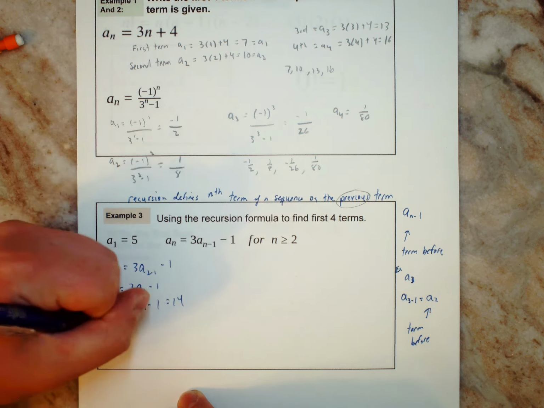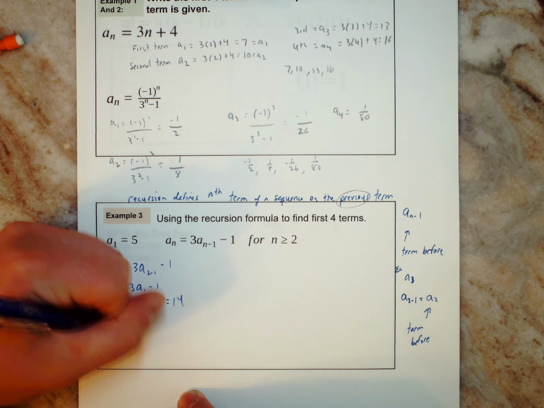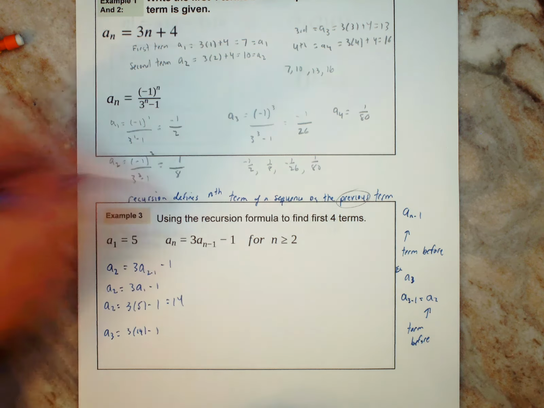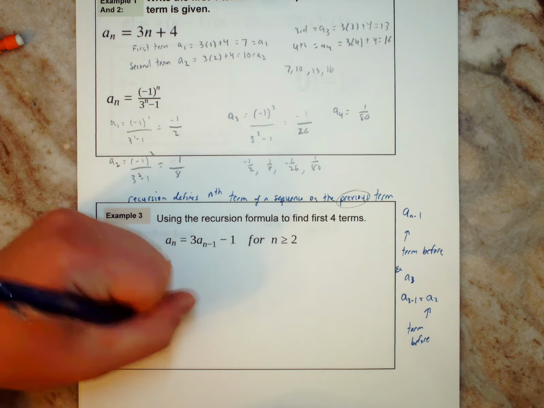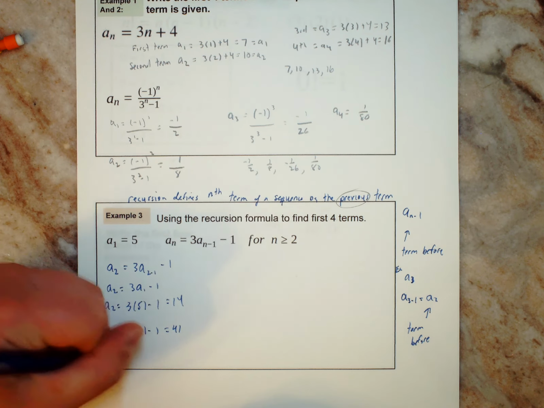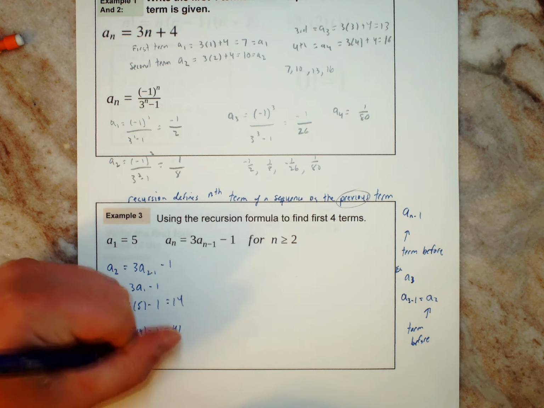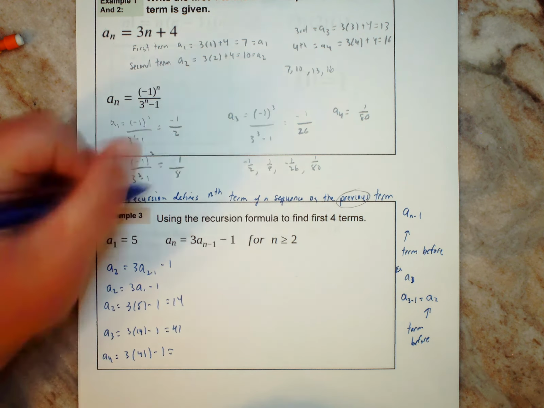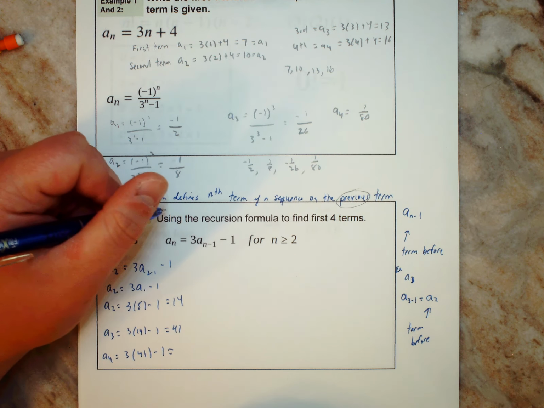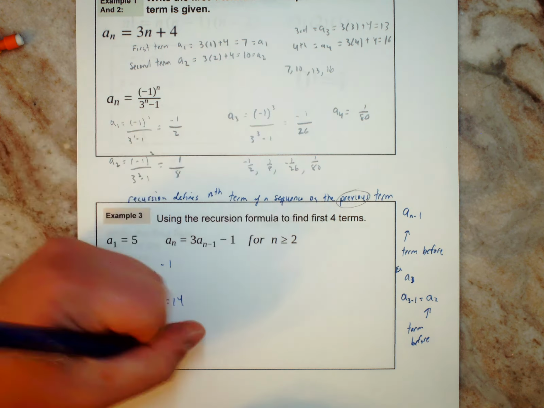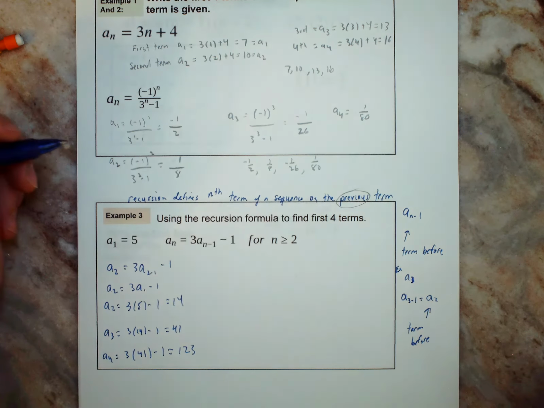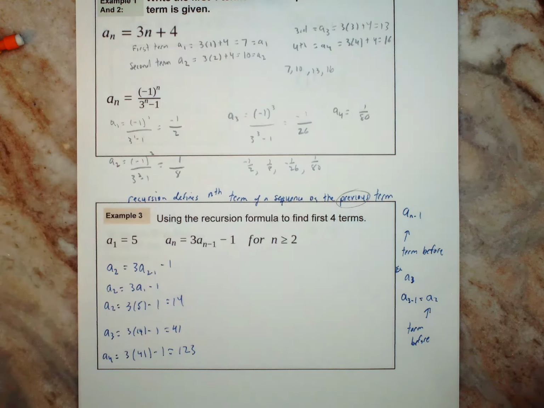Oh, you would use now 3 times 14 minus 1. 3 times 14 is what? 42 minus 1, 41. Then to get a4, you do 3 times 41 minus 1, which is what? 124 minus 1. You get what? 123.